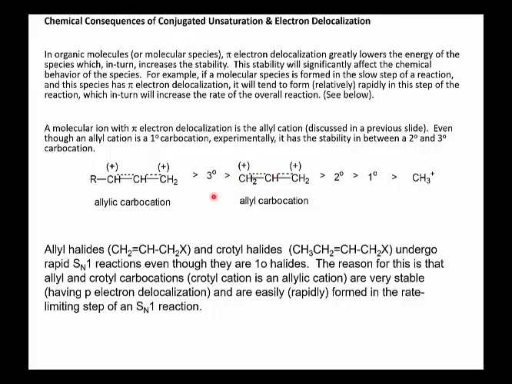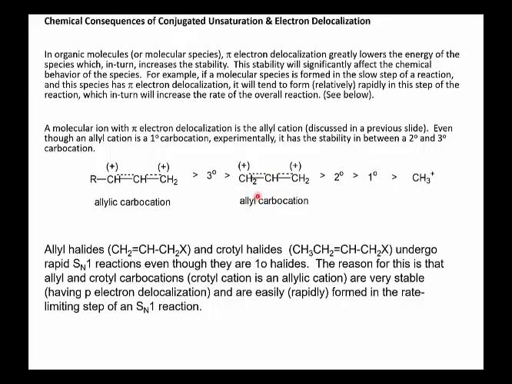All right, now we define a new system here. It's called an allylic carbocation. By definition, an allylic carbocation has one or more carbon groups attached to the positive carbons of an allyl carbocation. All right, not the middle carbon here, but either of the end carbons.